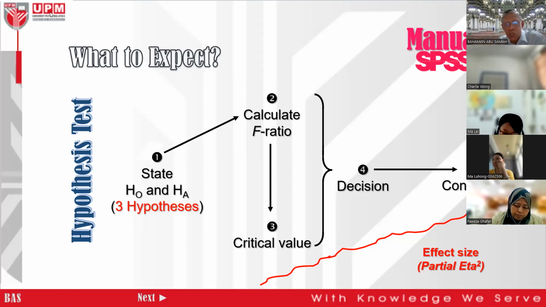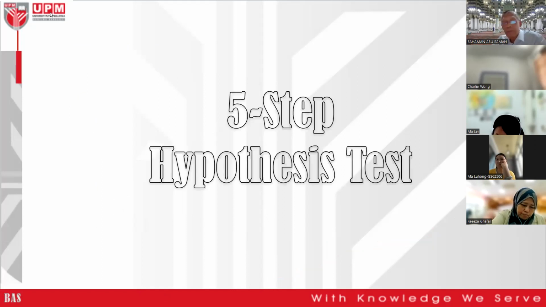Why partial eta squared? Because we have several factors that we are testing: the two main effects, plus the interaction. That's why it is called partial eta squared and not eta squared. And that is what to expect when you go for factorial ANOVA.